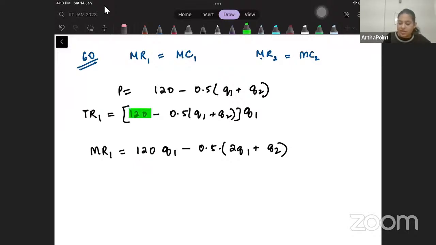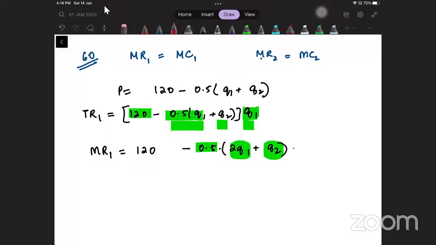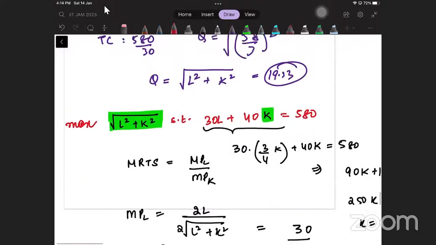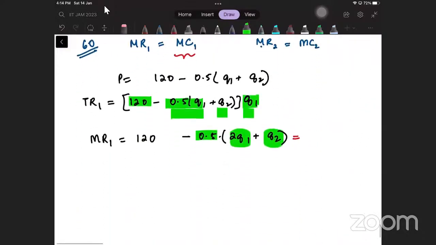This is 120 into Q1, so its differentiation will be 120. Then this is 0.5 Q1 square, so this will be 0.5 times 2 Q1. And this is 0.5 Q2 Q1, so this is going to be 0.5 Q2. This is your marginal revenue of firm 1. You equate this to marginal cost of firm 1, which is given to you as 20. So this is going to be 20.